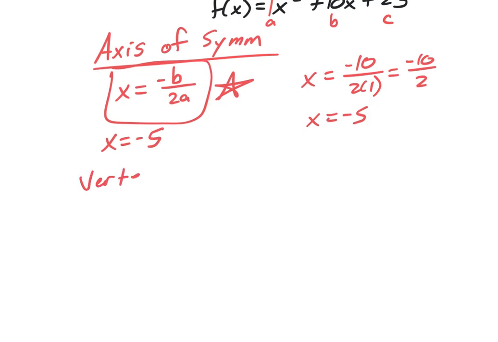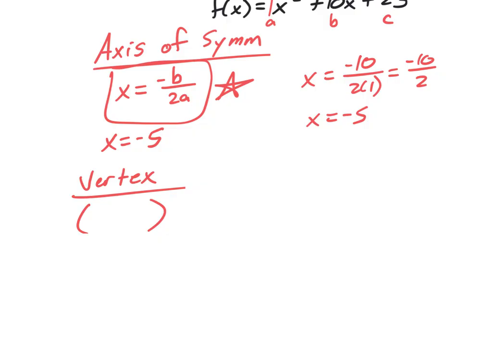The next big thing that we want to find is the vertex. Now, last problem that we did, we found the vertex first because it was in vertex form, right? And then we said, because I already know the vertex, the axis of symmetry is x equals whatever the x value is.